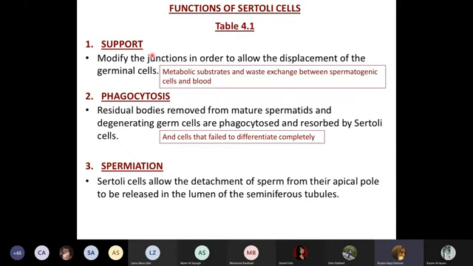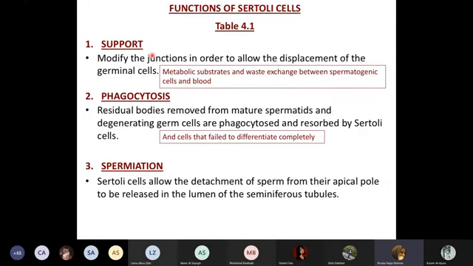They keep them in the basal compartment to provide them with the nutrients, and they can allow them at a certain moment to move to the luminal compartment to be exposed to other types of molecules. Now, also these Sertoli cells, they allow the exchange of metabolic substrates and waste between the spermatogenic cells and the blood.